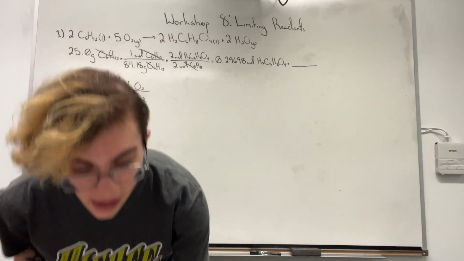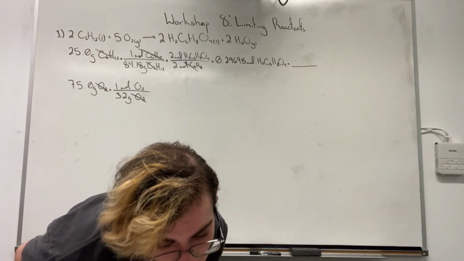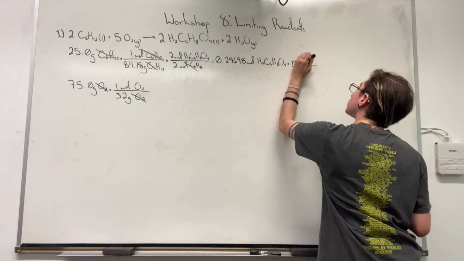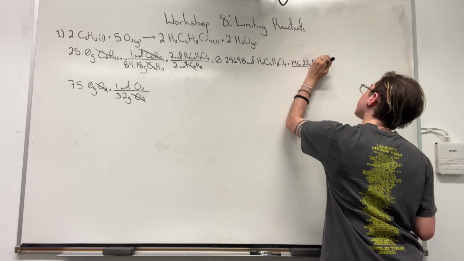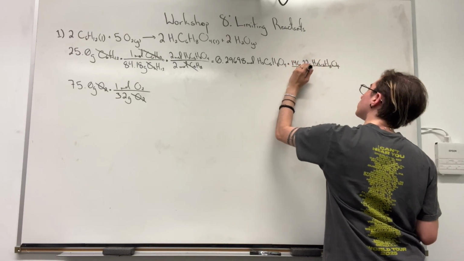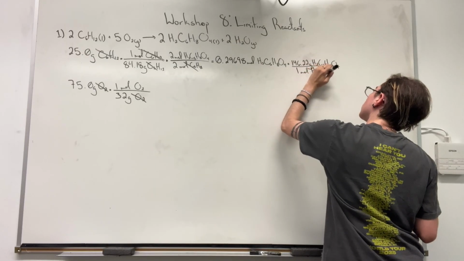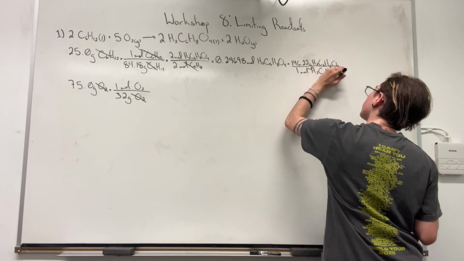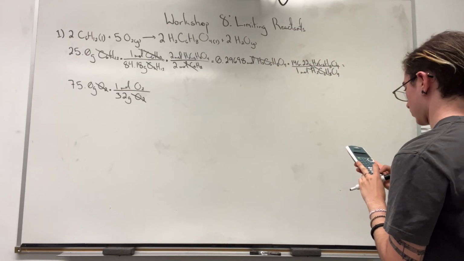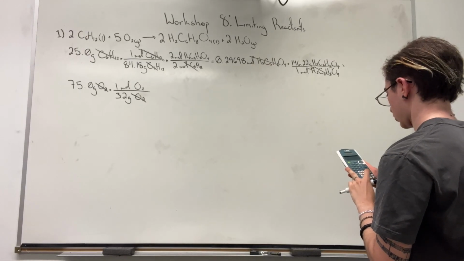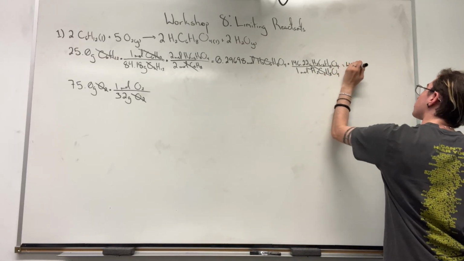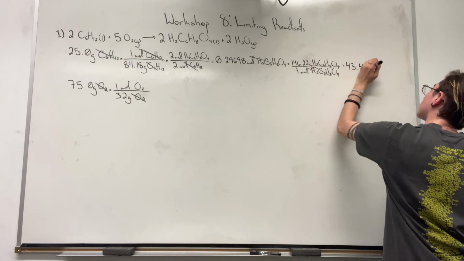The molar mass that I have for adipic acid is 146.22 grams for every 1 mole. And so when we convert from moles to grams, 25 grams of cyclohexane produces 43.4 grams of our acid.